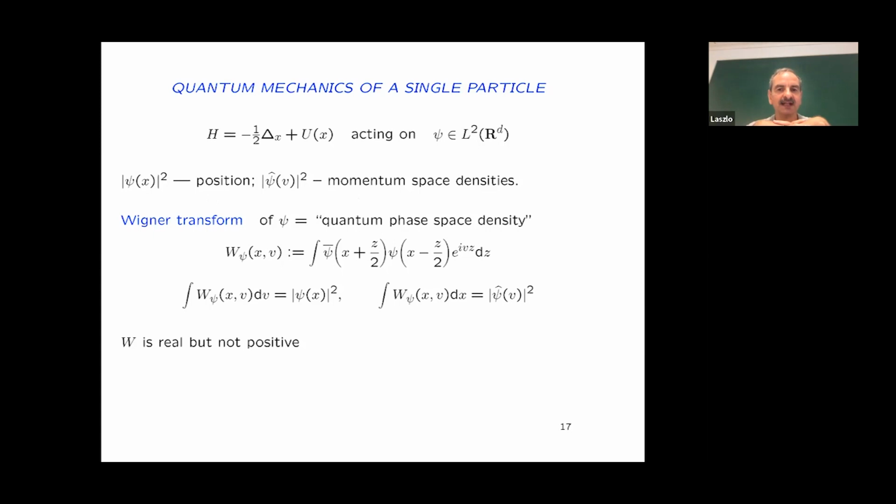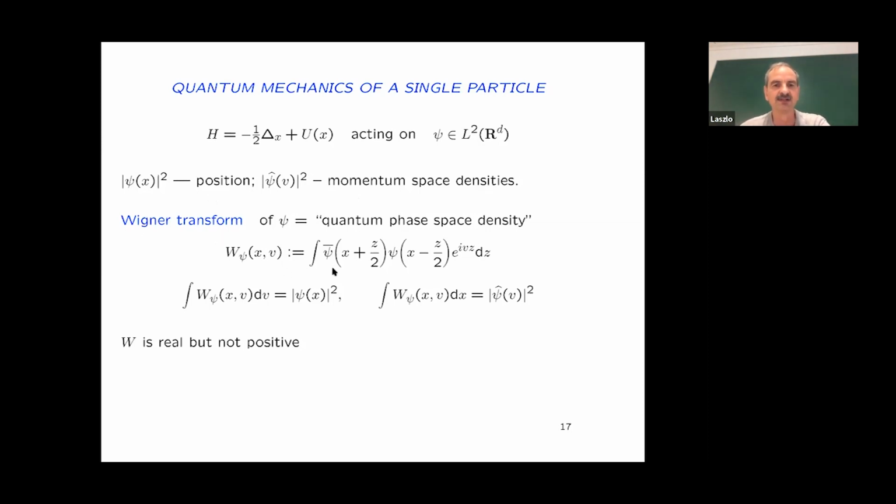You always have to take a quadratic form of the wave function. So for example, the absolute value squared of psi or of its Fourier transform, these are the measurable objects. Now in quantum kinetic theory, one usually uses the Wigner transform, which is a mixture of these two things.